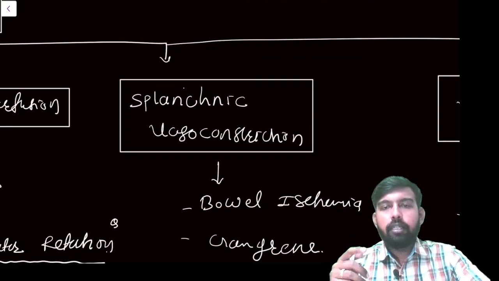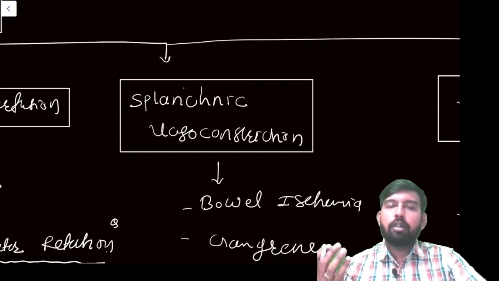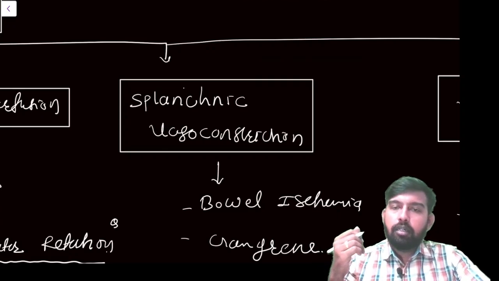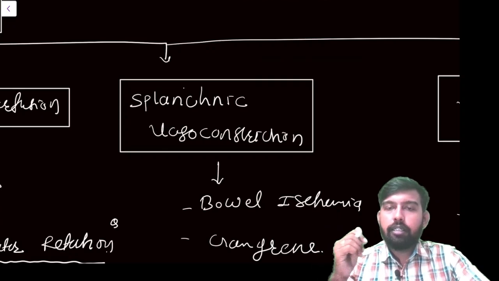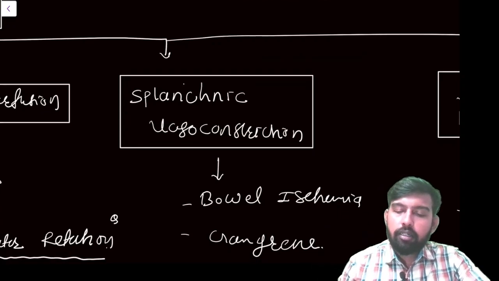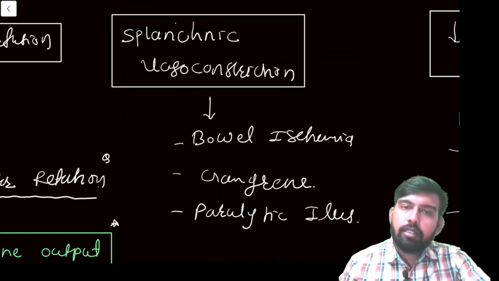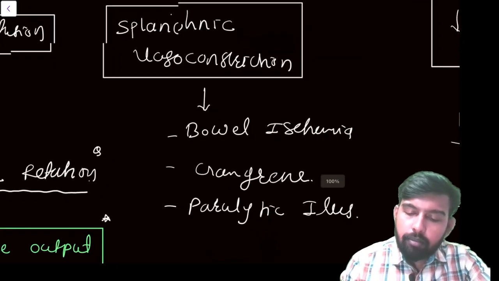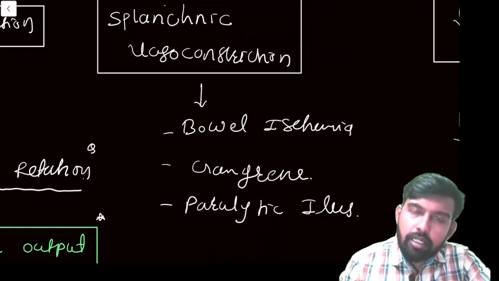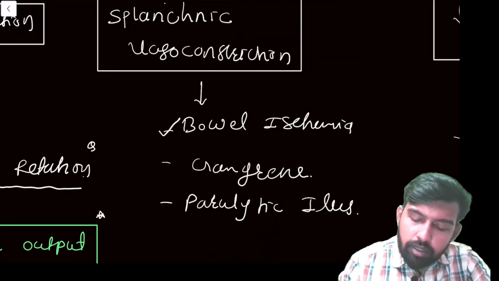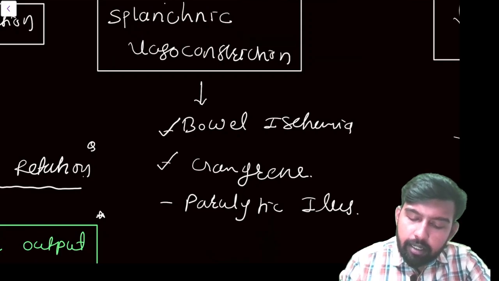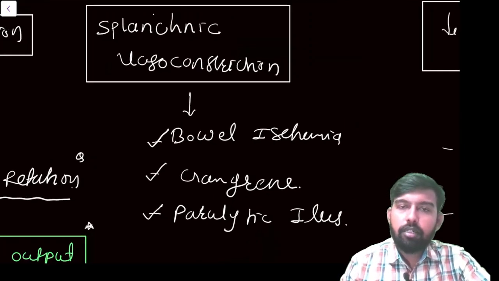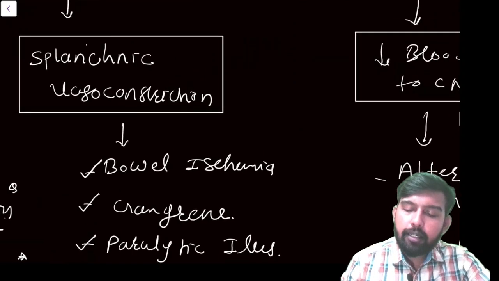This is because of the compensatory mechanism of the body, which causes diversion of the blood from skin, muscle, and the GIT towards the more vital organs, and it will result in splanchnic vasoconstriction. That is the vasoconstriction of the blood supply to the bowel, which ultimately results in bowel ischemia, gangrene of the bowel, and paralytic ileus. So this is the effect of hemorrhagic shock in the case of the GIT.